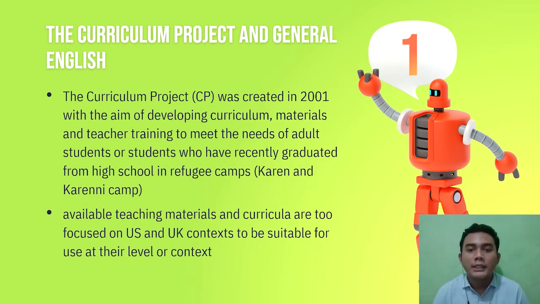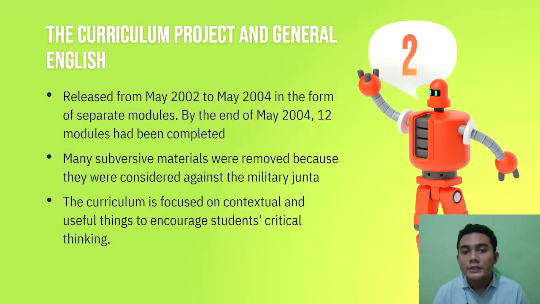And finally, from May 2002 until May 2004, 12 modules were completed, but some materials were removed because they were considered subversive or against the military junta. The curriculum is focused on contextual and useful things to encourage students' critical thinking.